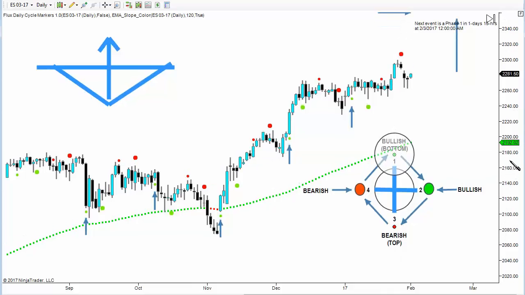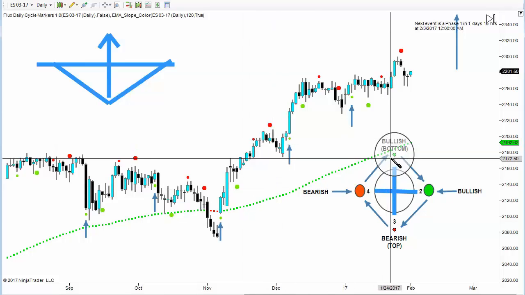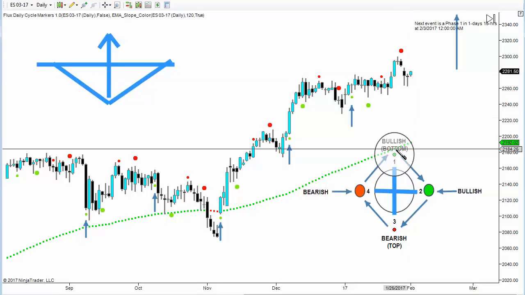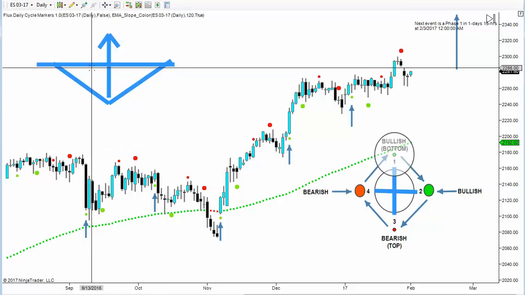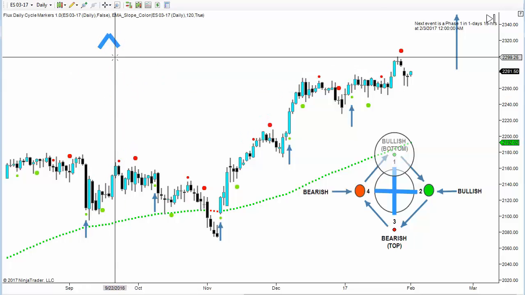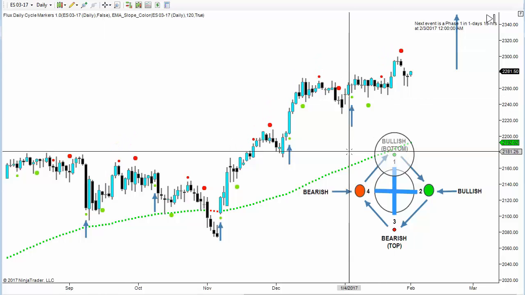So whatever market we're watching, from our observations of these phases in this market, we see that as we come into the next 39 hours, there's a tendency now for the market to go higher. So that's the first level of analysis we can perform using this leading technical indicator for NinjaTrader.